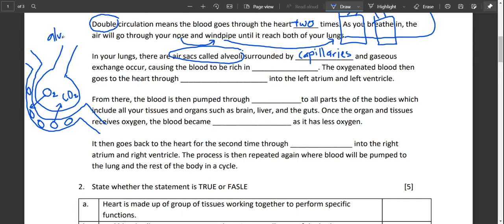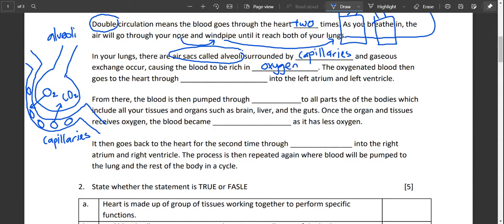So this is alveoli, which is the air sac, and this one is the capillary. And gaseous exchange will occur as shown in the diagram here, where oxygen will be given to the blood and carbon dioxide will be removed. Therefore, the blood will be rich in oxygen because you are in the lung right now.